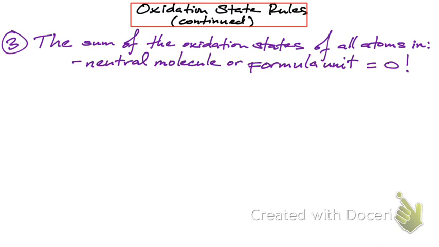Rule number 3: the sum of the oxidation states of all atoms in a neutral molecule or formula unit is equivalent to 0. So if you were to add all the oxidation numbers of all the elements within a neutral molecule, that will sum up to 0.